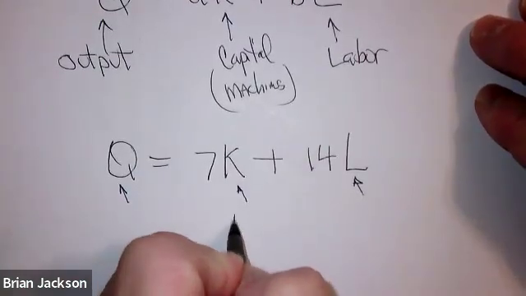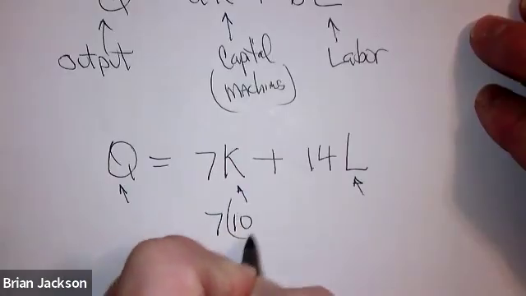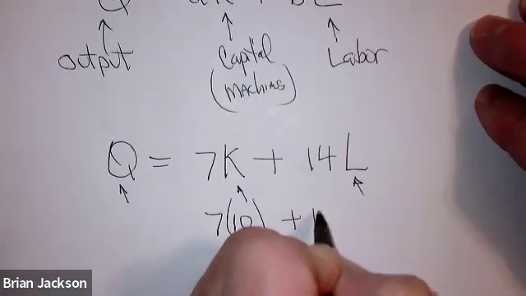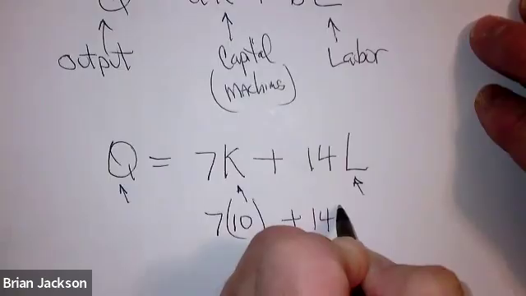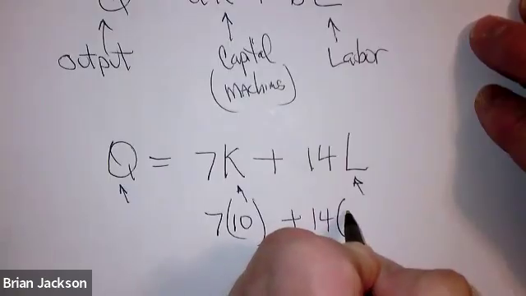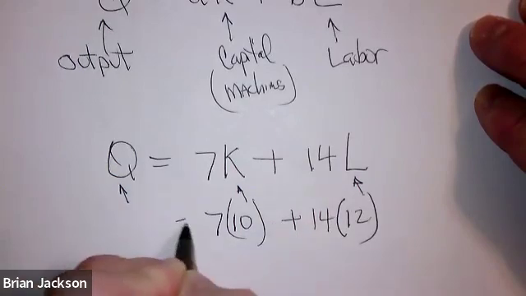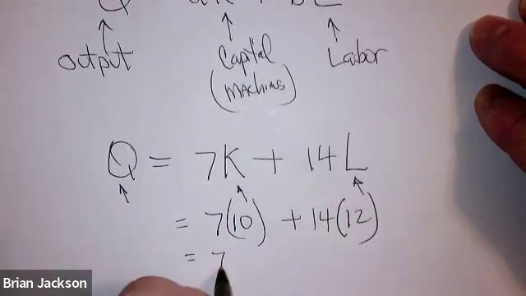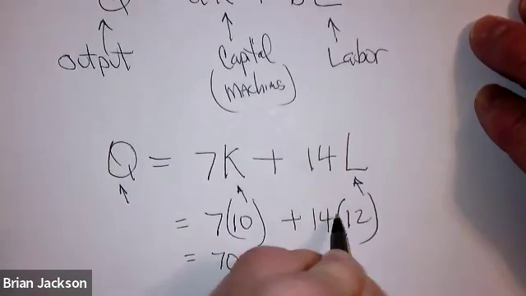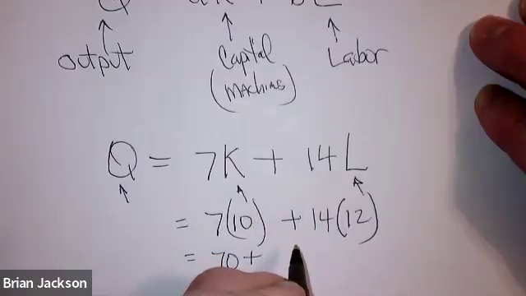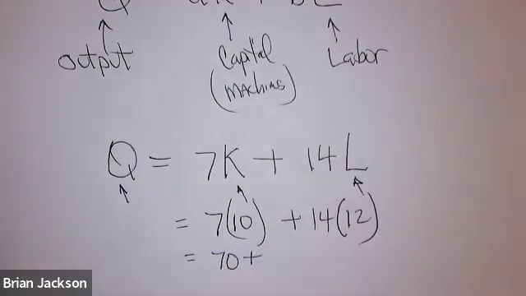So if you were to combine 10 machines, 7 times 10, plus 14 workers, it just doesn't matter. We could say 12 here. You could get your output by saying that this is 70 plus 14 times 12. What's 14 times 12? I should know that, but I can't think of it for the moment.